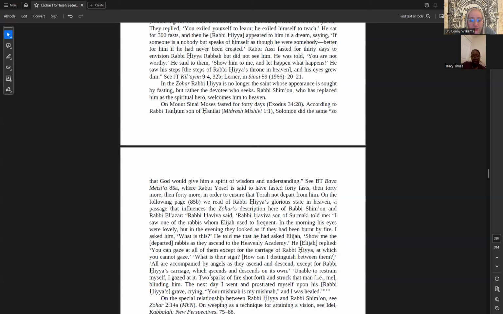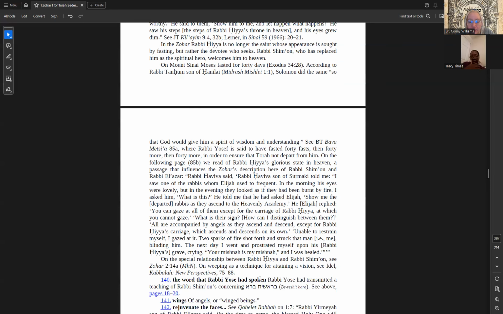Unable to restrain himself, I gazed at it. Two sparks of fire shot forth and struck the man, i.e. me, blinding him. The next day I went and prostrated myself upon Rabbi Chia's grave, crying, "Your Mishnah is my Mishnah," and I was healed.